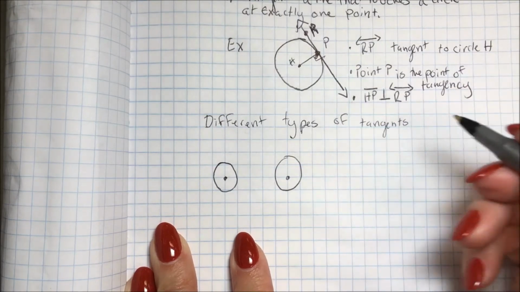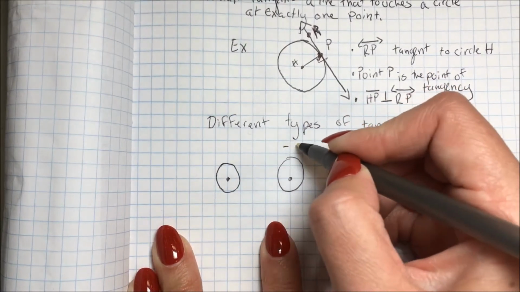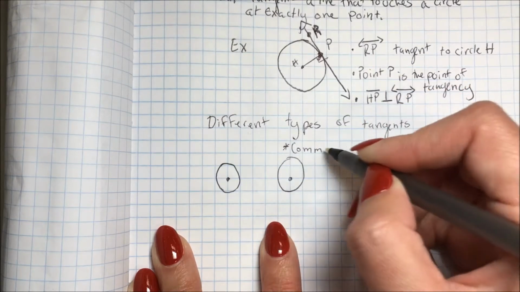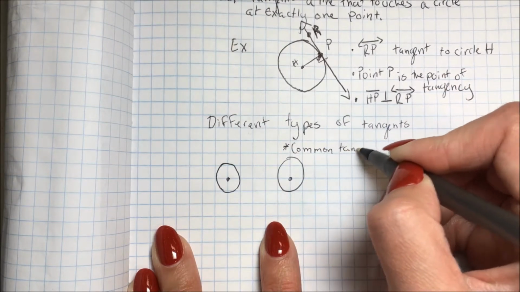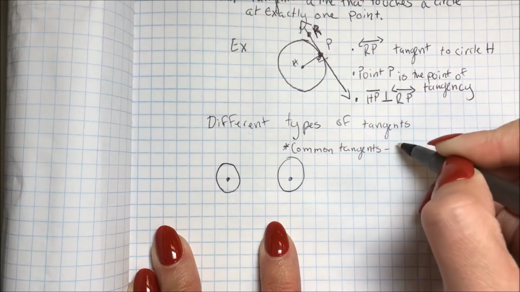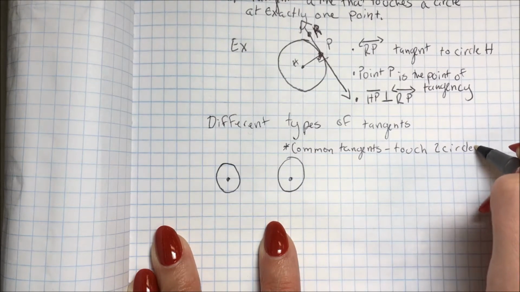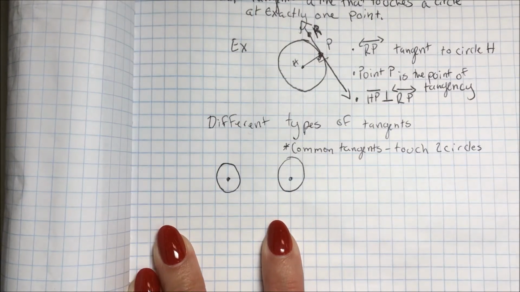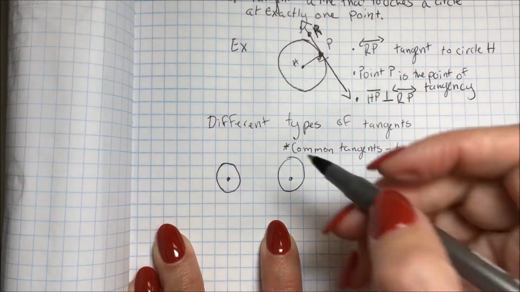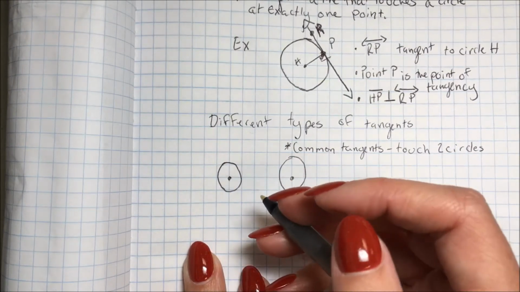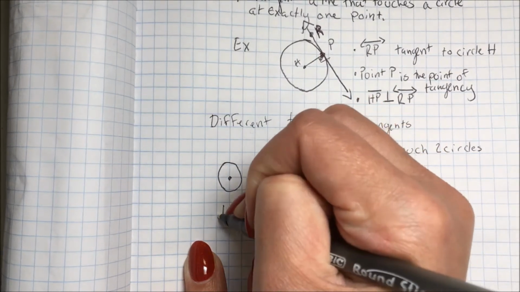These are called common tangents. They touch two circles. So the first type of common tangent is an internal tangent.